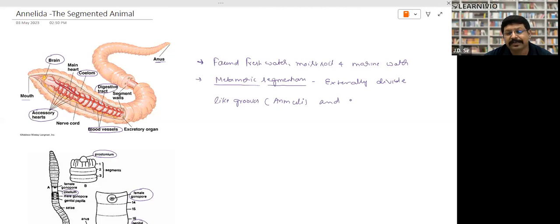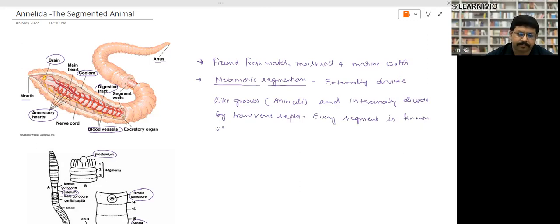So bodies externally as well as internally divide by transverse septa, and every segment is known as metamere. Every segment is known as metamere, right?